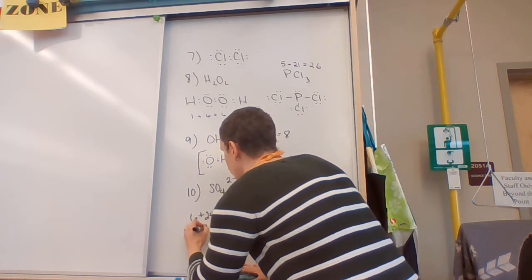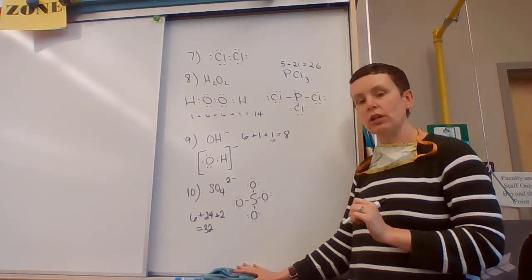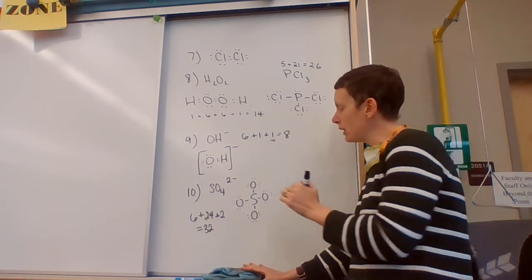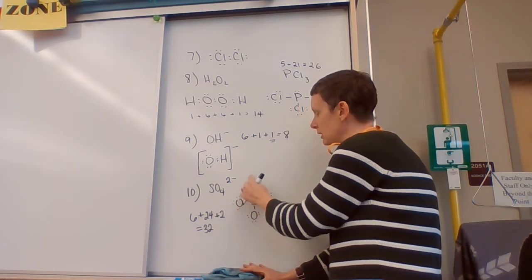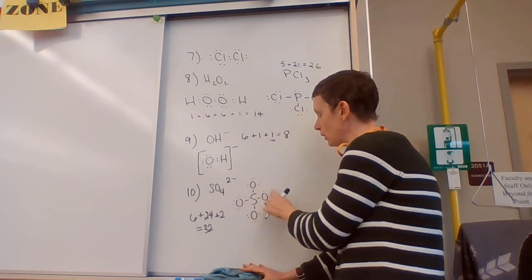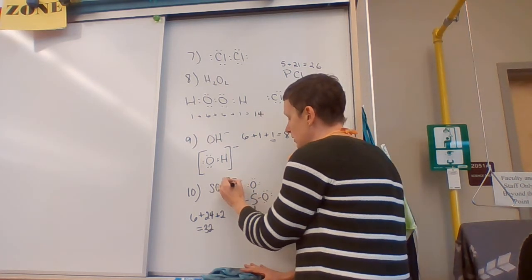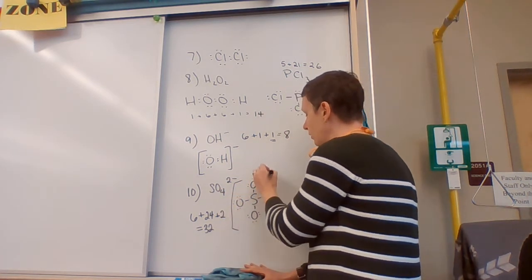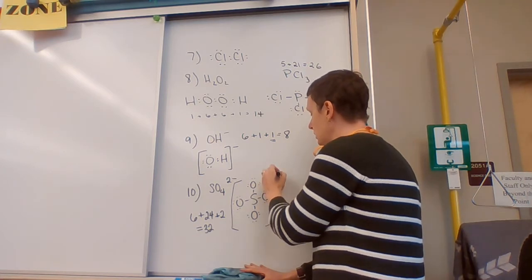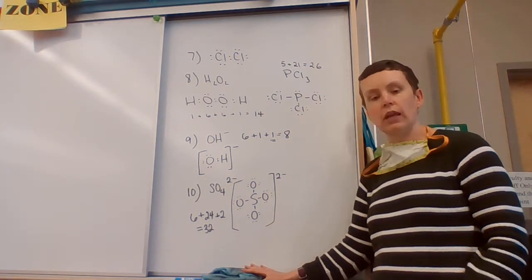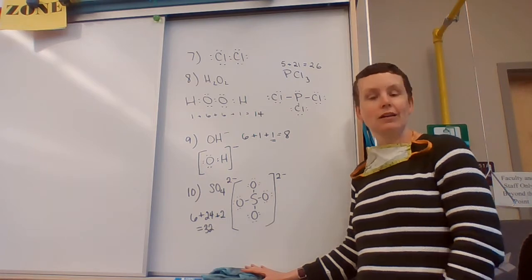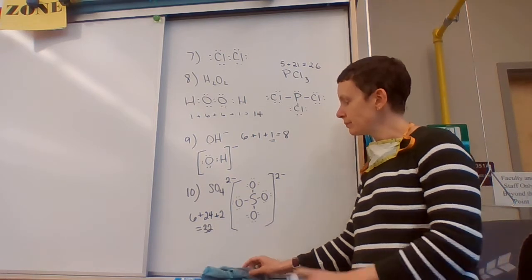We get a total of 32 electrons is what we should have in our picture, okay? When we count, we get 2, 4, 6, 8, 10, 12, 14, 16, 18, 20, 22, 24, 26, 28, 30, 32. So this is the structure. The final step for an ion is to put that charge on the outside of some square brackets, and then we're done with that one.